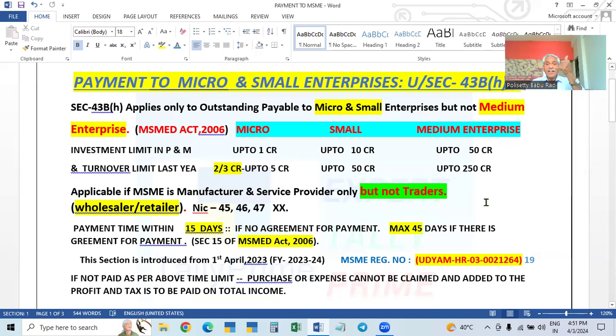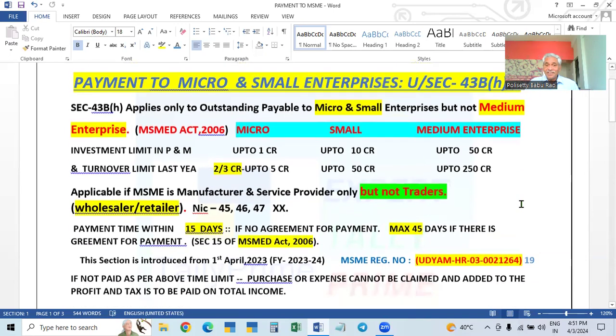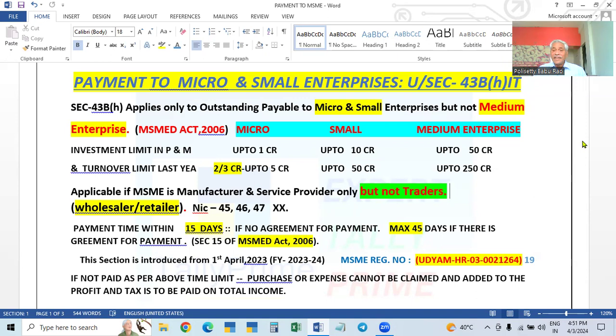Disallowed means they will not be allowed as expense. In such a case, it will be added to the profit. Then profit will go up and we have to pay the income tax on the higher income, because our income increases. So on the increased income, we have to pay income tax.